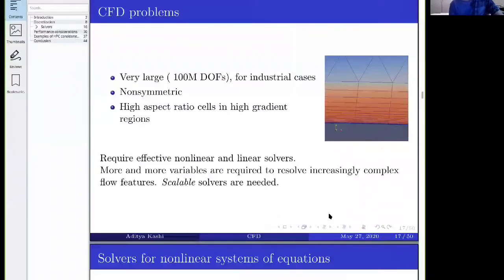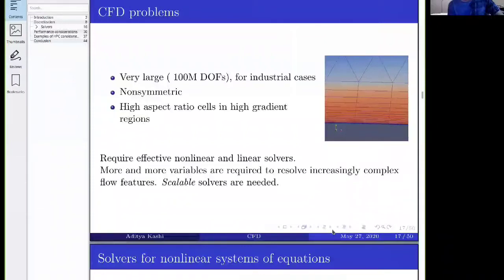So the point is that as we want to resolve increasingly complex flow features, we need larger problems. And also increasingly complex geometries. For example, a cruising aircraft is much simpler. The high lift devices, for example, are more complex to simulate.